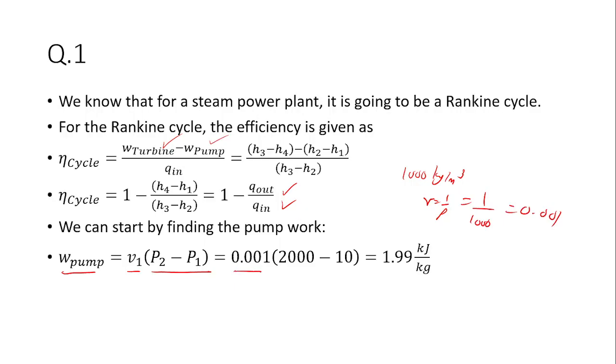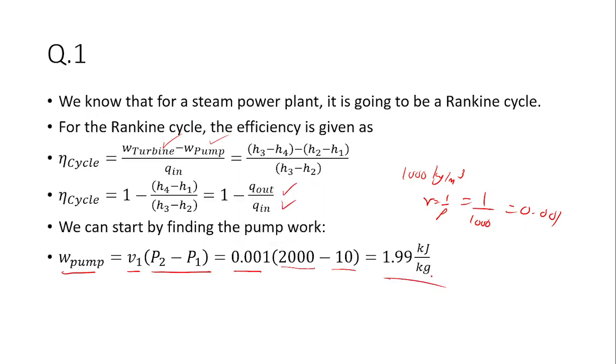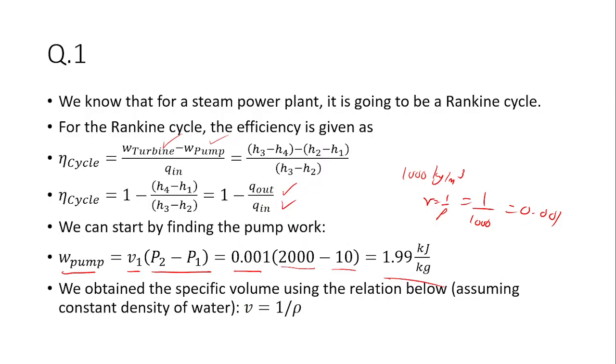And then P2, we need the units to be consistent, and it's advisable that you keep it in kilopascal. So 2000 minus 10, right? And then your specific volume should be in meter cube per kilogram. So when we do that, we get this value for the work of our pump, right? That's all I was just saying here, that we assume a constant density of water. So our specific volume is just 1 over our density.